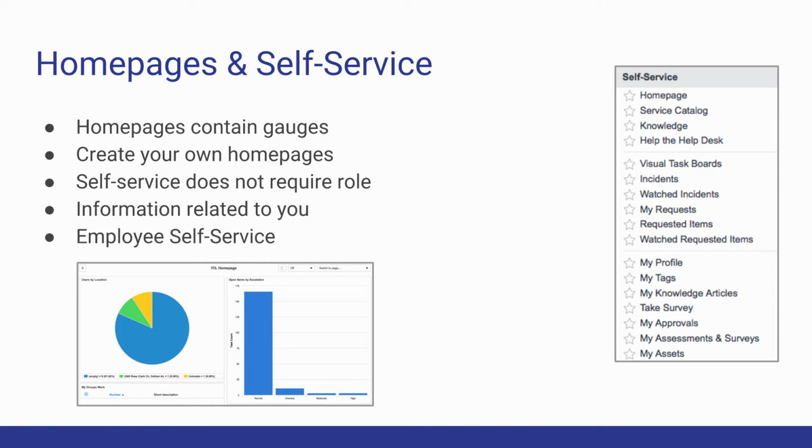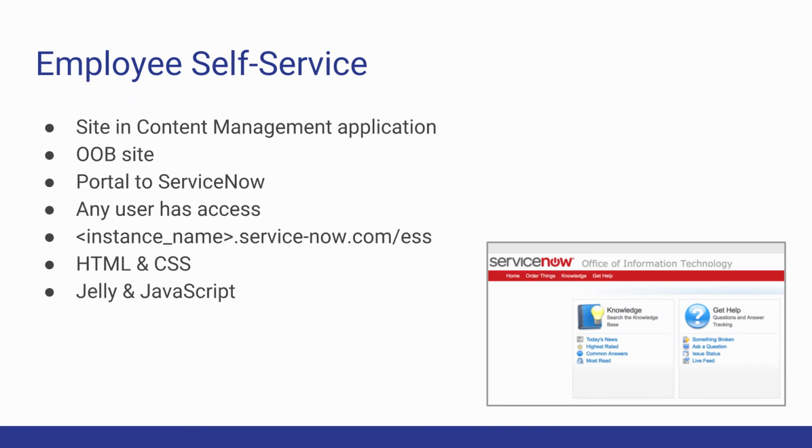In addition to the self-service application, there is an employee self-service site provided out of the box. The Employee Self-Service Site, or ESS site for short, provides a portal so end users can access their data in a completely customizable site.